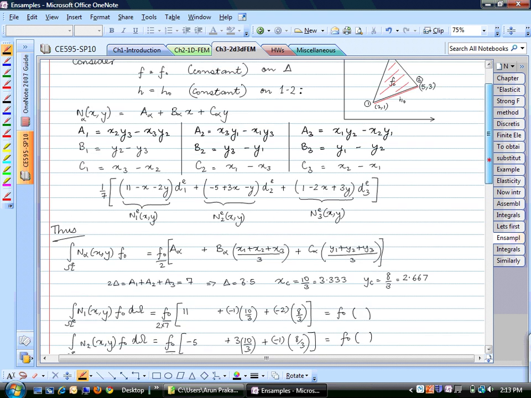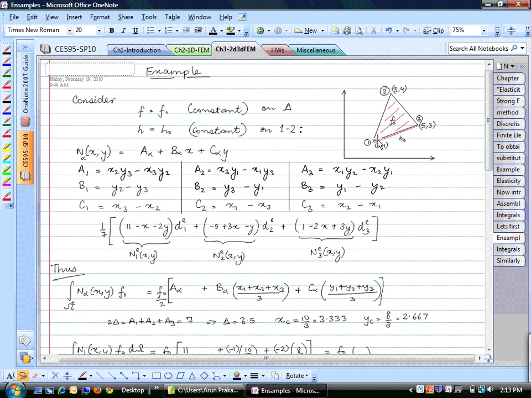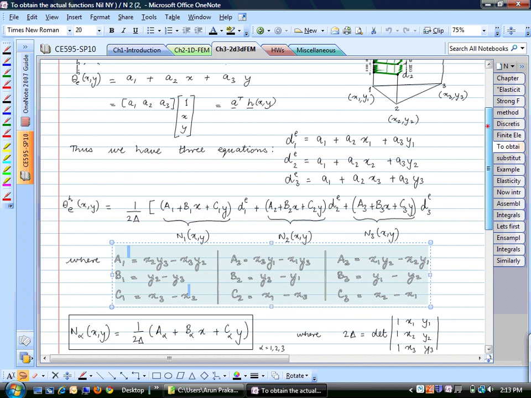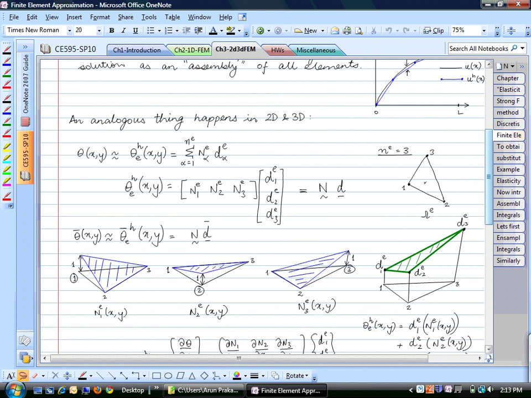So all we are doing here is we are integrating the value of the shape function over the area of the triangle. Right? So for each of the shape functions, this would be the volume under these shape functions. So let me show you the shape functions first. Right, so these are the shape functions, one at node 1, one at node 2, and one at node 3.